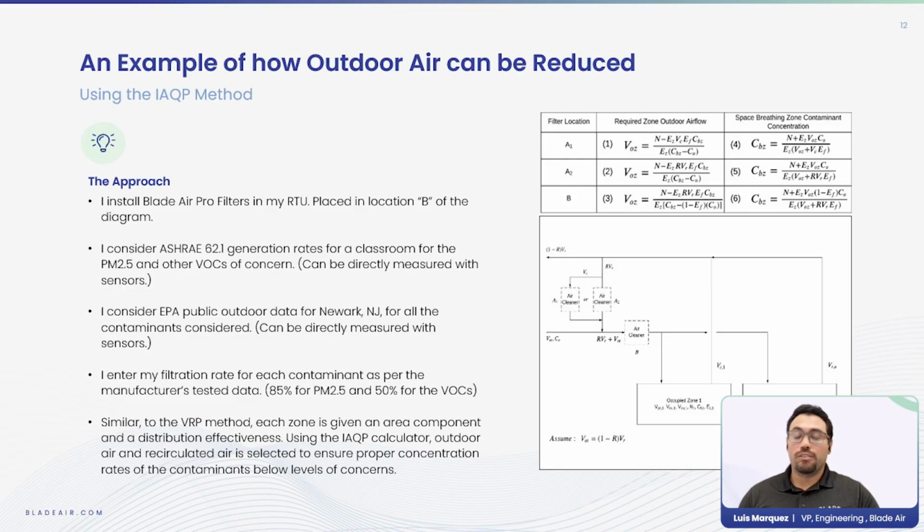An iterative approach is taken, meaning those equations that you see at the top there actually get run many, many times within each other. For each one of those rooms in the diagram, there's only 2, but it would do that for the 5 rooms. Now there's a nice Excel calculator that IAQP provides to be able to do this.